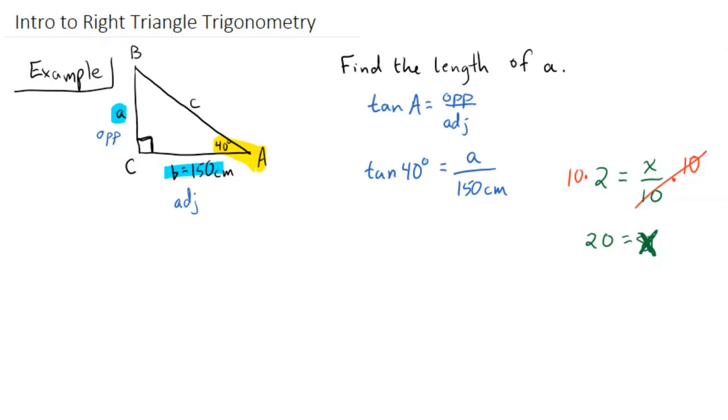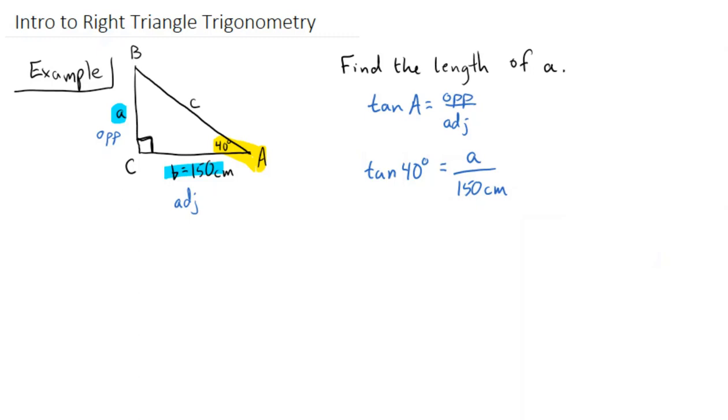That's the technique we're going to use to solve this equation, because even though it's a little uglier, it's the exact same configuration. Over here, tangent of 40 degrees, that's just a number. And we'll consult our calculator to get exactly what that number is, but it's just a number. And then the 150 centimeters is like my 10 in my other example, and the A is the variable I'm solving for.